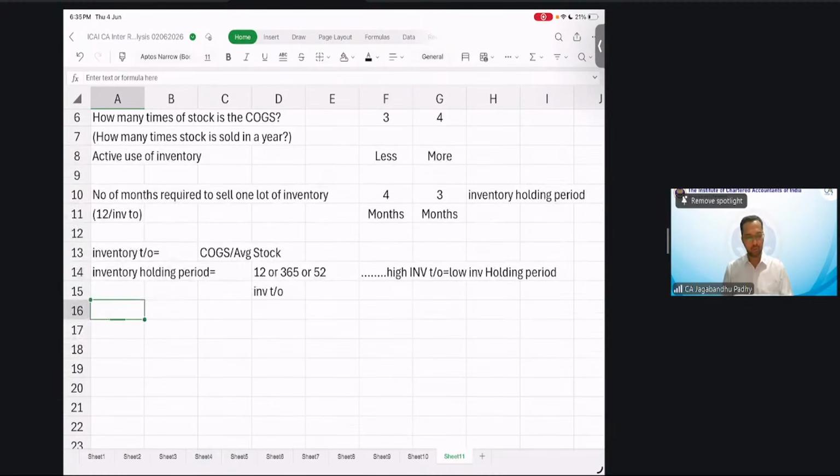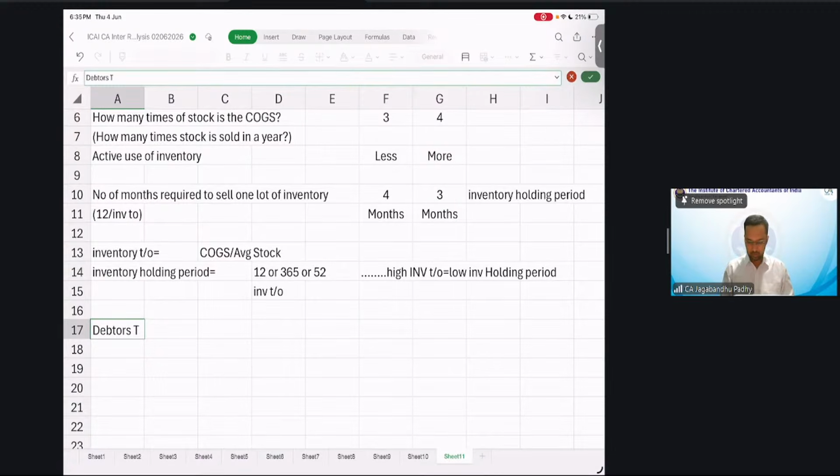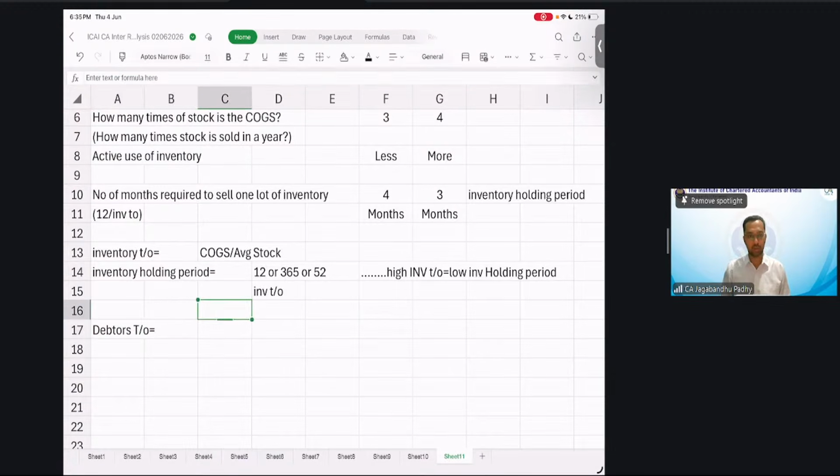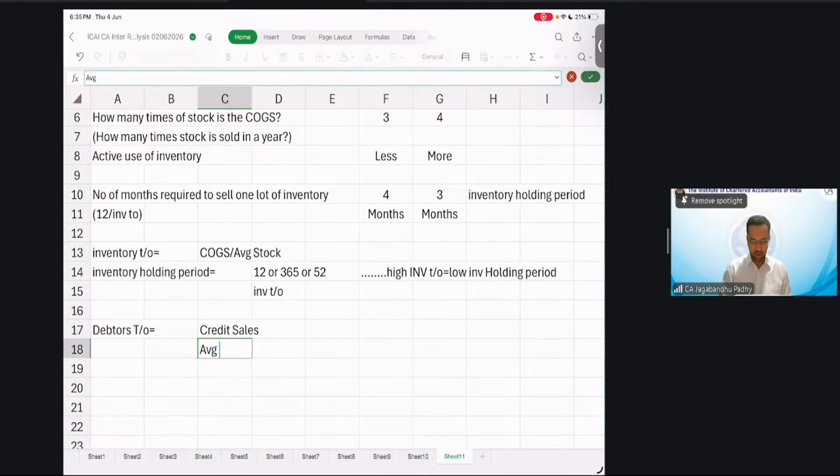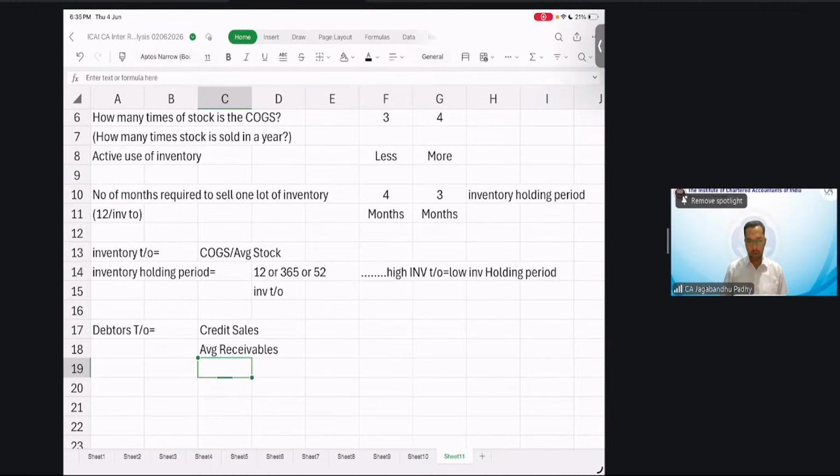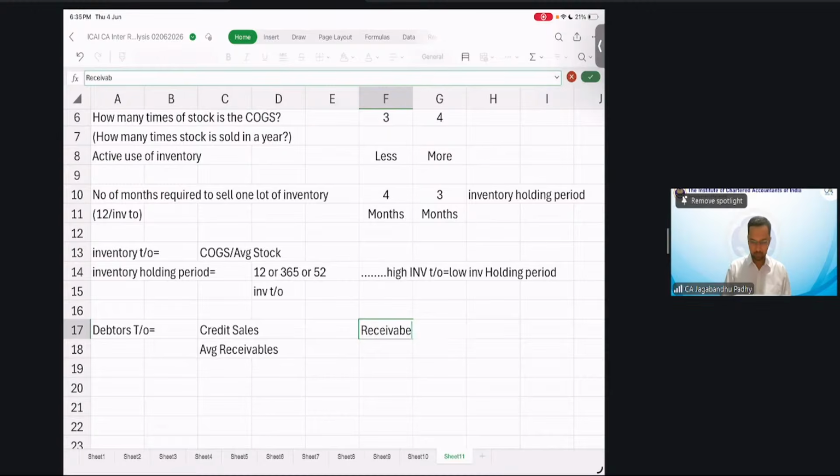Now, the next two ratios are going to be pretty simple. We are going to talk of debtors turnover ratio. Debtors turnover ratio is credit sales upon average receivables. And remember, receivables will include bills receivables.